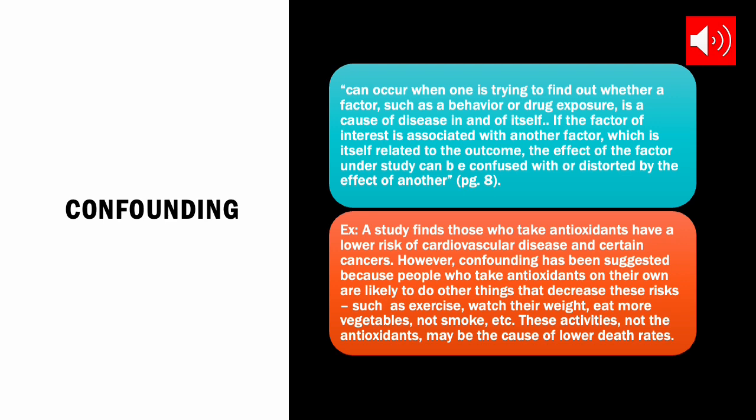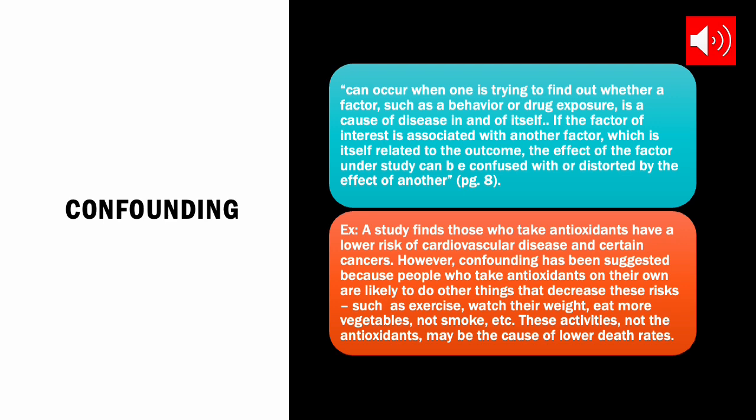Confounding happens when you're trying to find if one factor is associated with another, and the effect can be confused or distorted by the effect of another. So, for example, a study finds those who take antioxidants have a lower risk of cardiovascular disease and certain cancers. However, confounding has been suggested because people who take antioxidants on their own are likely to do other things that decrease these risks, such as exercise, managing their weight, eating more vegetables, not smoking, other things like that.